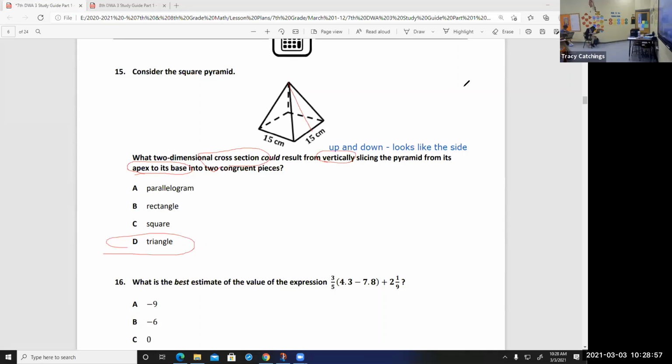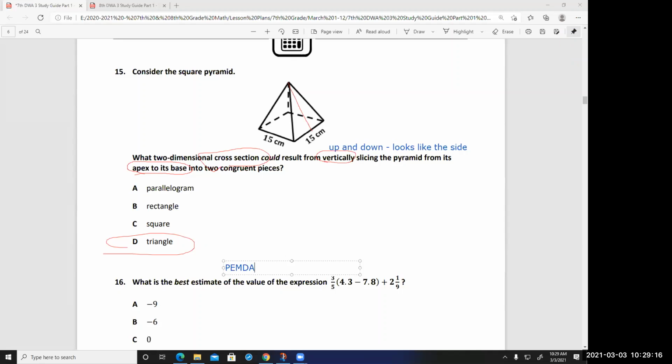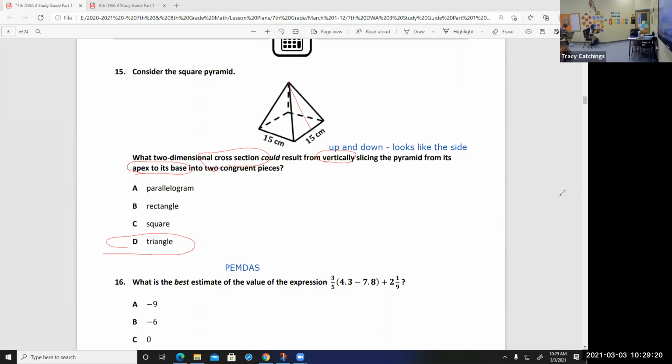All right, number 16 asks us, what is the best estimate of the value of the expression? Before I can find that estimate, what do I need to use or follow? PEMDAS. All right, so what will be first?